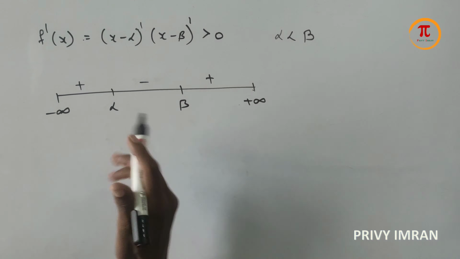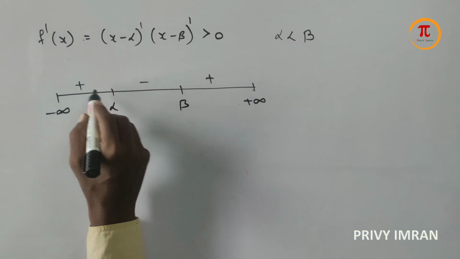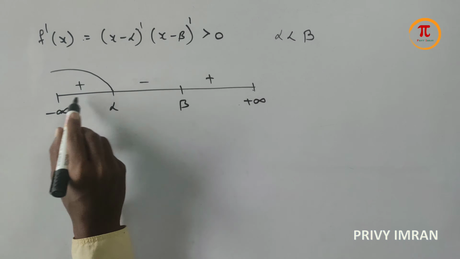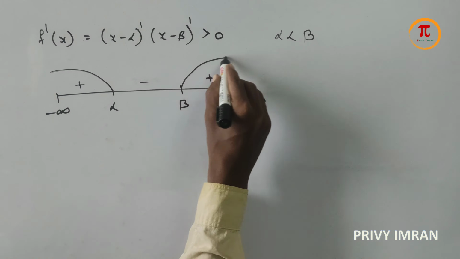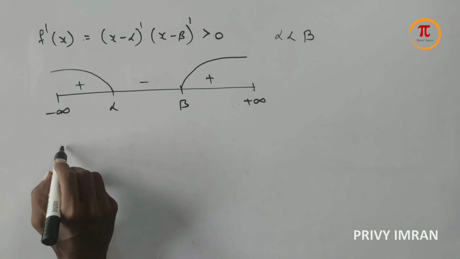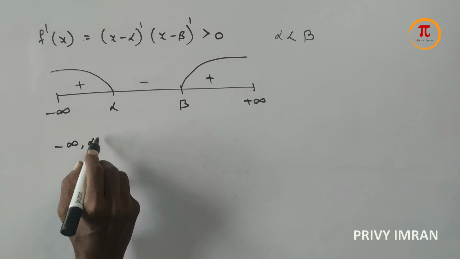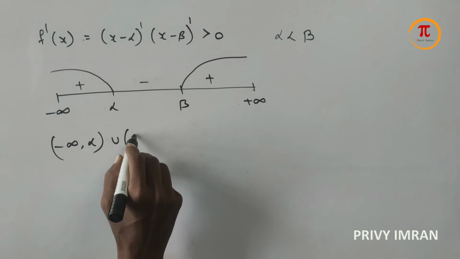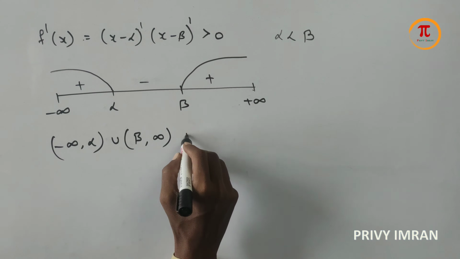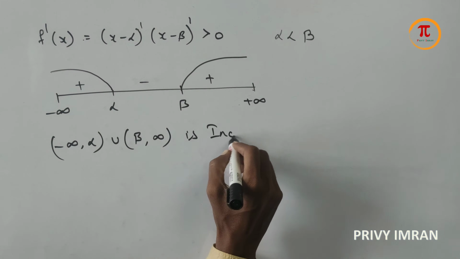Now let me conclude: from minus infinity to alpha it is an increasing function, and again from beta to infinity it is an increasing function. Hence we can write that minus infinity to alpha union beta to infinity is an increasing function.